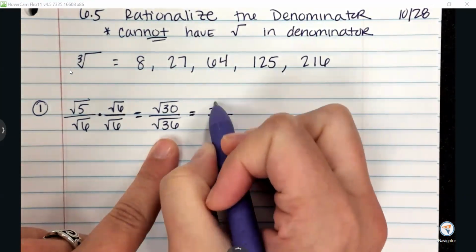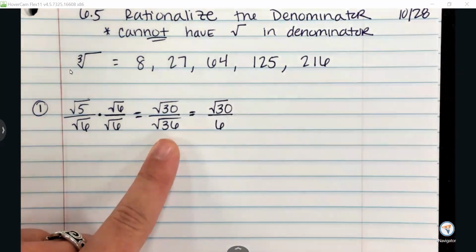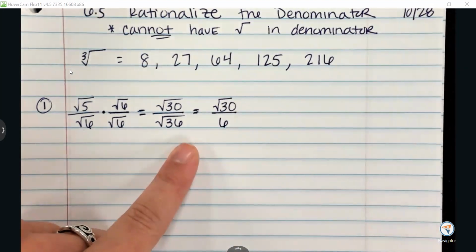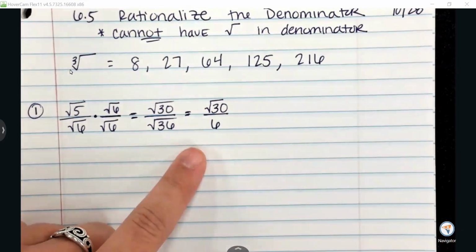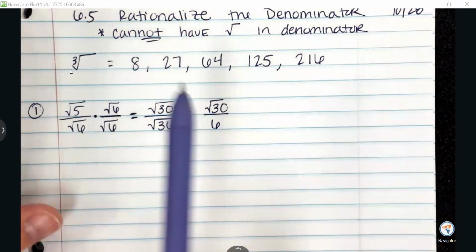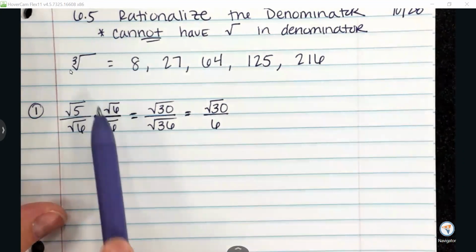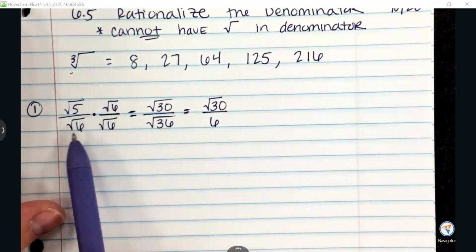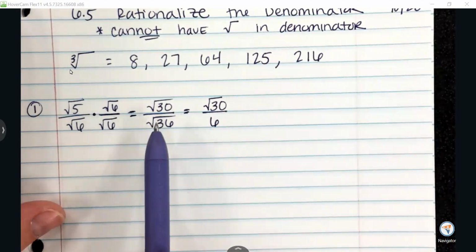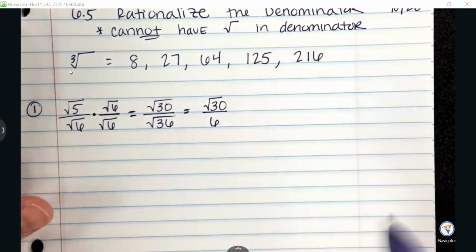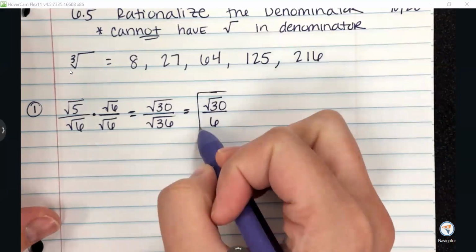It is exactly 6. Can 30 break down? No, it breaks to 5 and 6, but that doesn't give me groups of 2. So why did I pick square root of 6 to multiply by? Because I know that 6 times 6 is 36, which is a perfect square. And then I can get rid of the radical in my denominator.